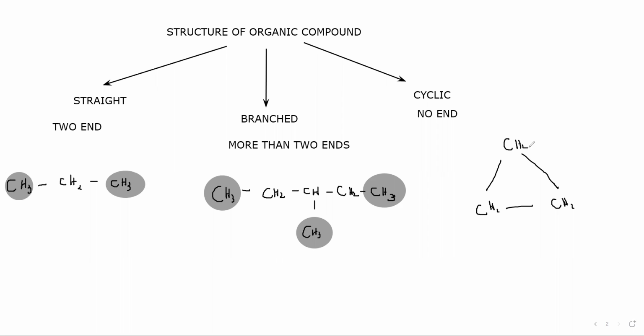You have to learn the naming mainly for alkanes and normal alkenes. So first we will start with straight chain alkanes. Straight chain alkanes means it will have two ends.